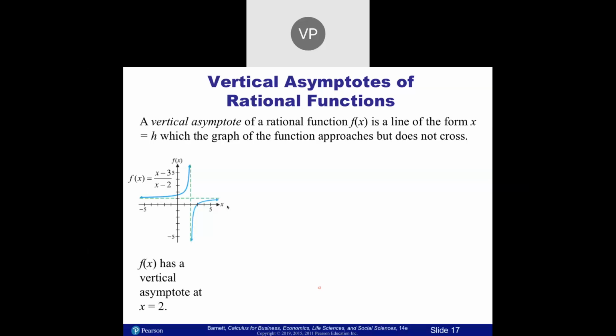This is the one place, if you remember too, we talked about x cannot be equal to 2. That was not in the domain. So your graph will have no point on the x equals 2. That's why you have that dotted line there. It shows you that you're going to get real close to it, but you're never going to quite get there. And it's the equivalent of like a hole on a graph, but in this case, when you have something on the bottom like that, it generally is going to represent a vertical asymptote.